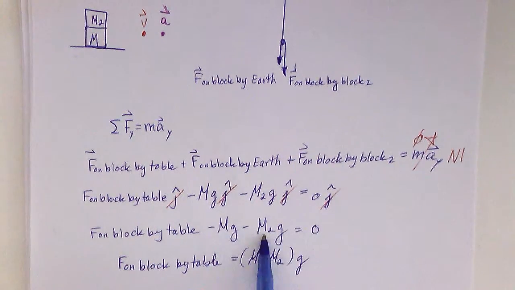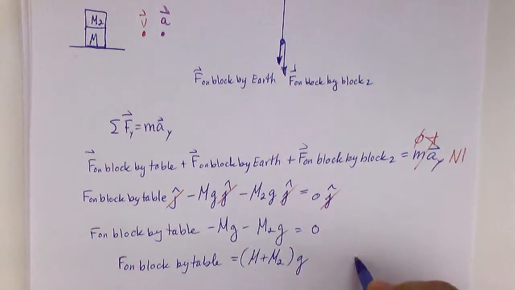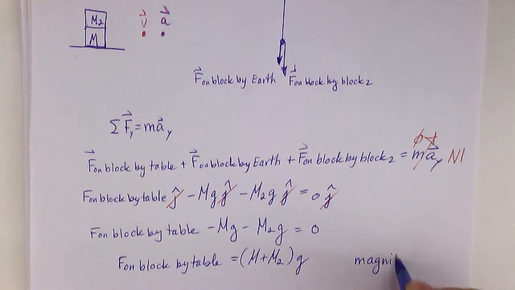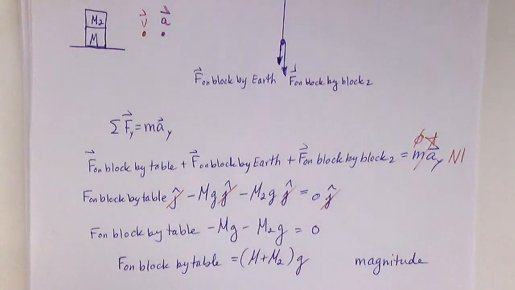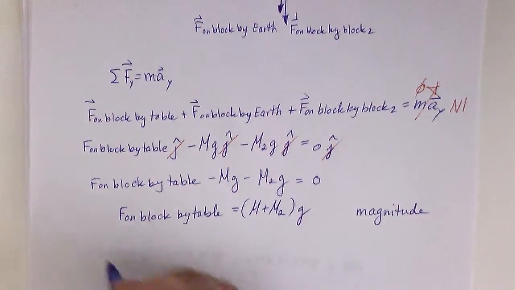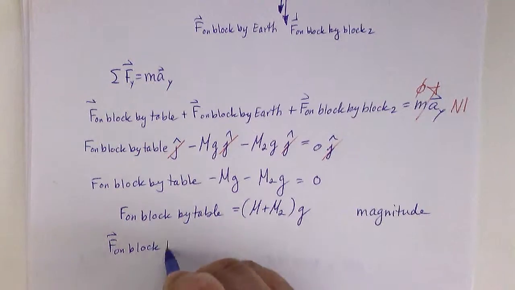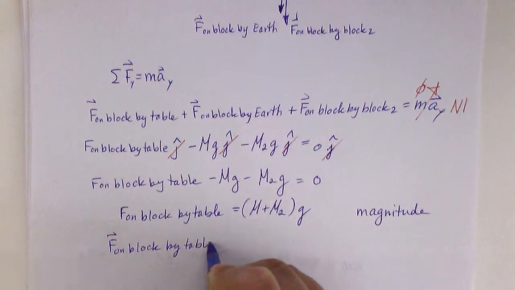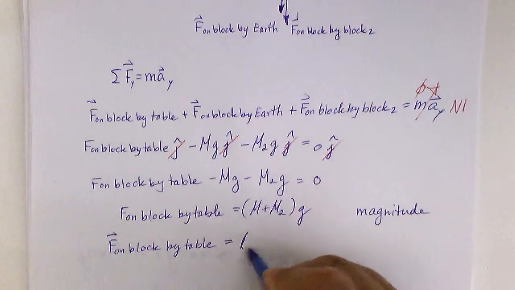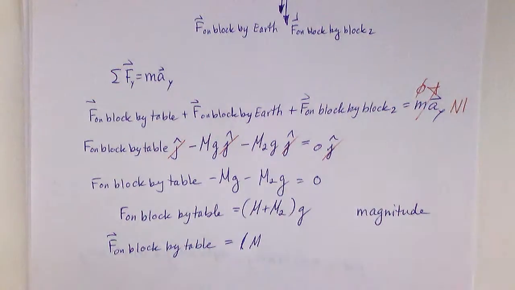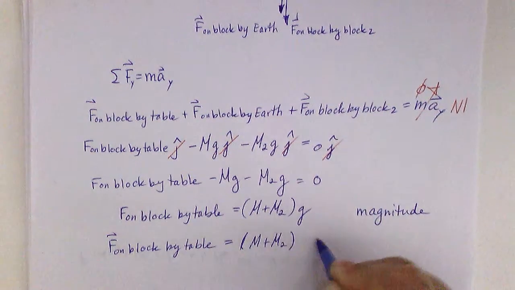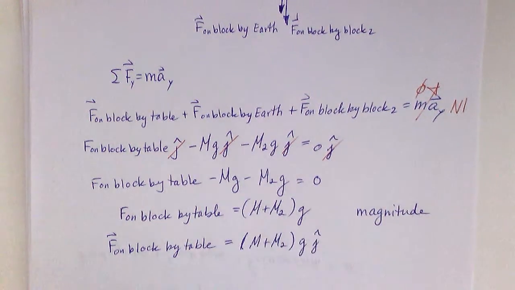All I did was factor out a g and then take both of these terms over to the other side. Now this is the magnitude, and I need the direction. So I'm going to have F on block by table is equal to M plus M2 g j hat.